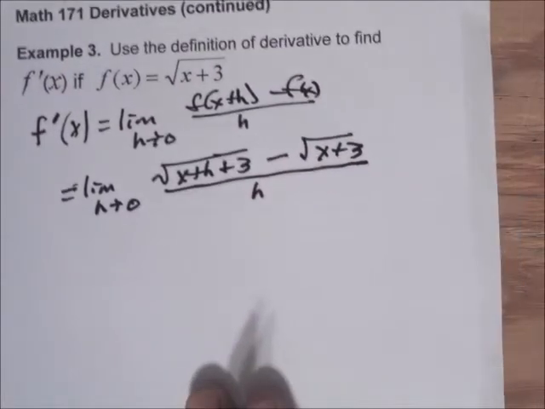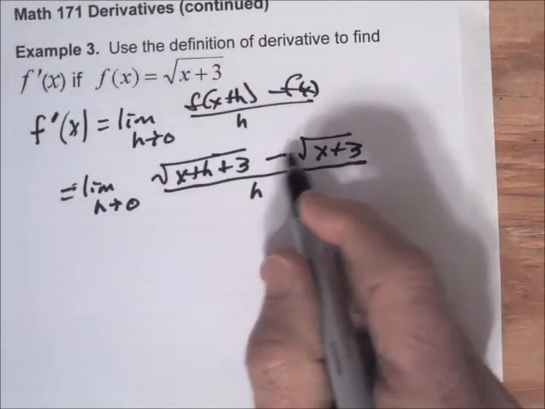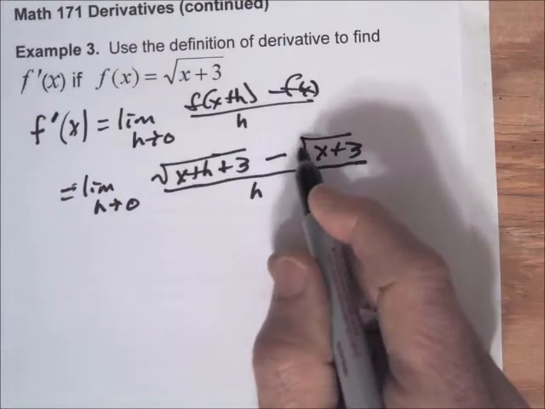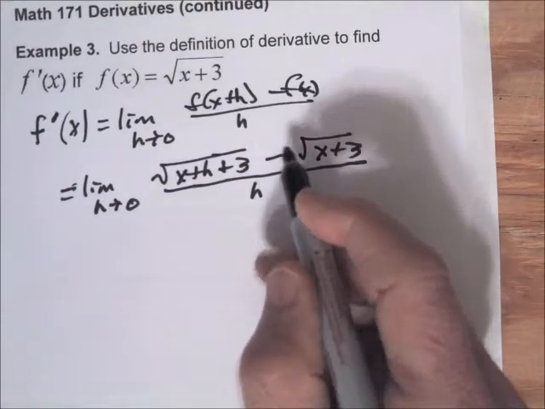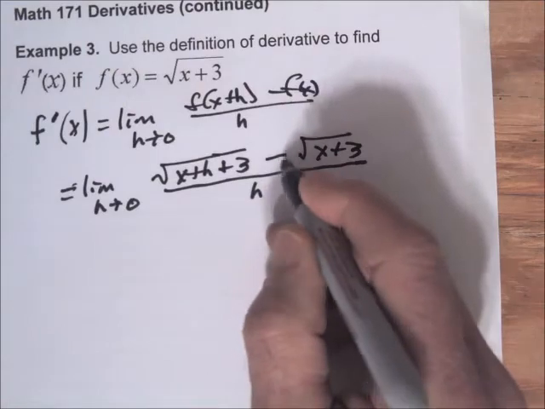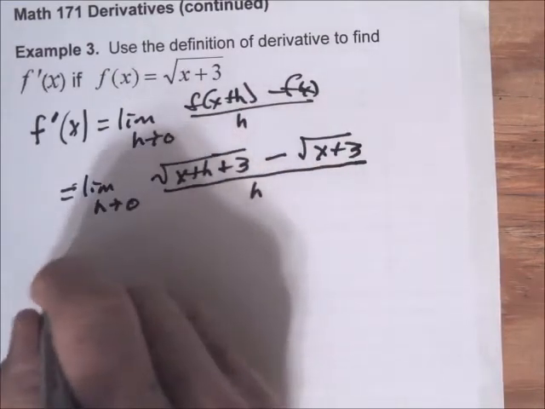So what we want to do is multiply top and bottom by the conjugate of the numerator. So the second square root will just change the sign to get the conjugate.